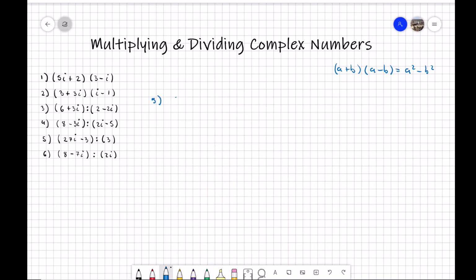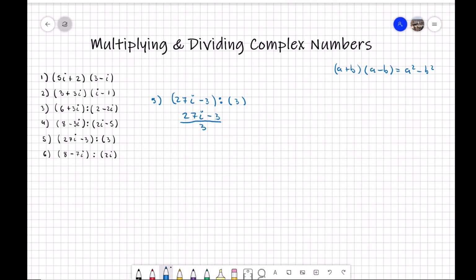Now 5, we have 27i minus 3 divided by 3. So I'm gonna write this in the fraction form, which is 27i minus 3 divided by 3. So now in this case there's no trick, right? Because you see we don't have any i at the bottom.